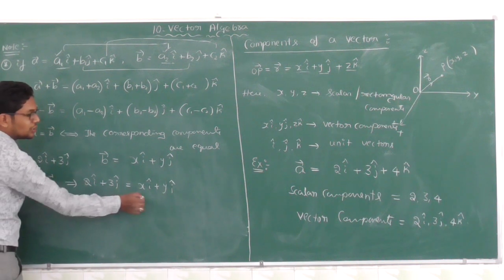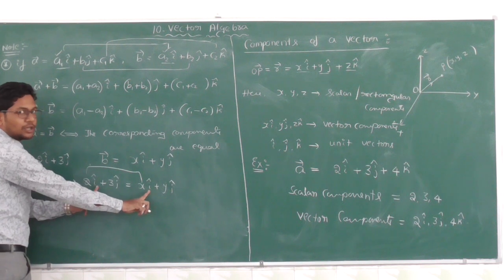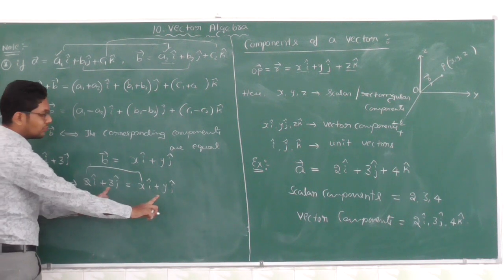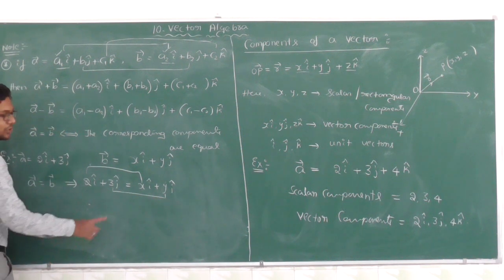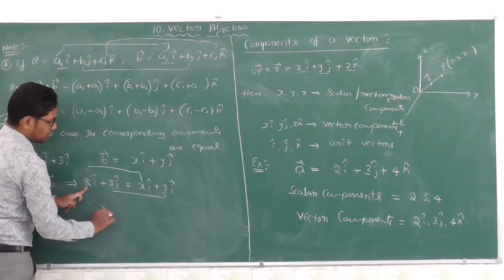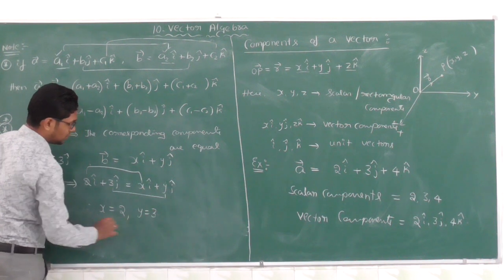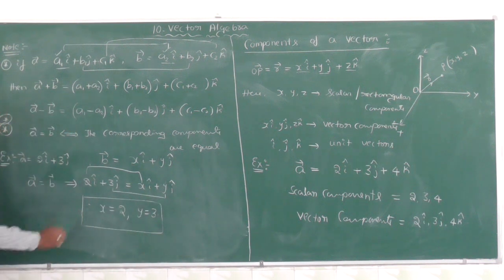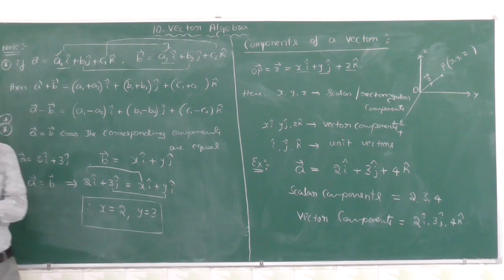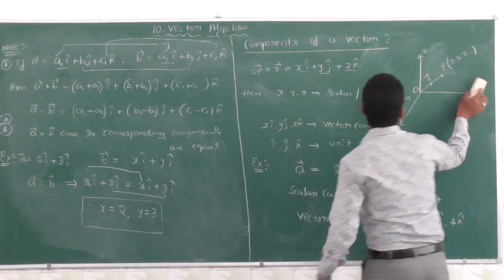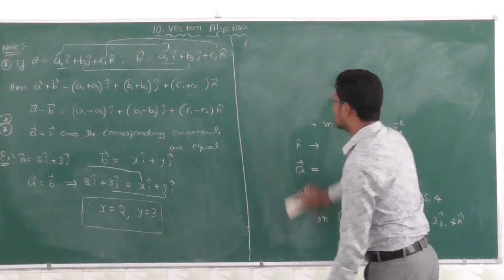Two vectors are said to be equal if and only if the corresponding components are equal. Therefore you just compare: x equals to 2, y equals to 3. Hence the two vectors are equal. This is the condition. Next, third point.